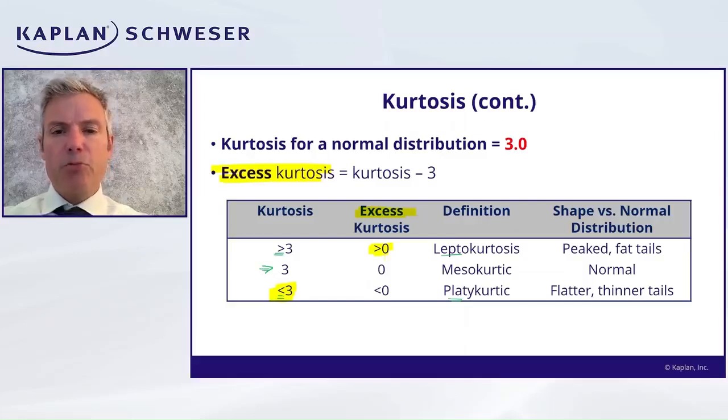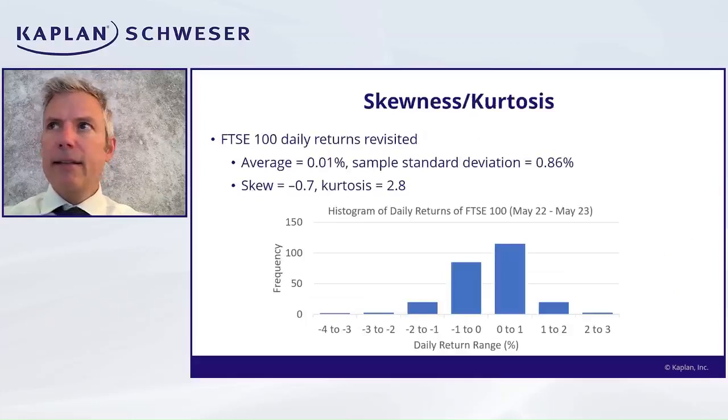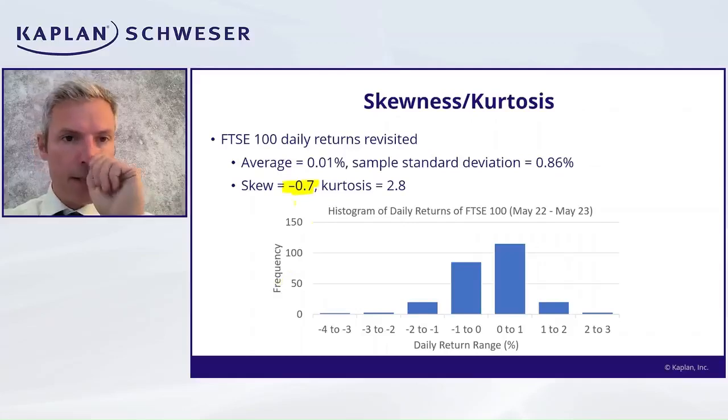It might be worth revisiting our data to see how sample skewness and kurtosis are represented in our FTSE data. You'll remember the bins that we set up, you could see some slight negative skew there, and that's borne out when we calculate. You won't have to do that calculation, but that's borne out by that statistic there.